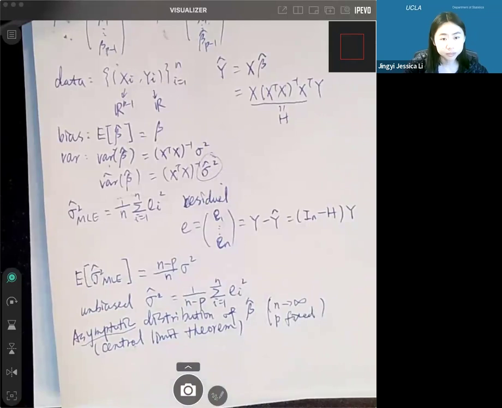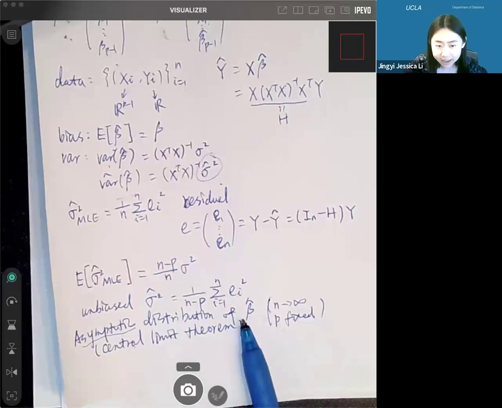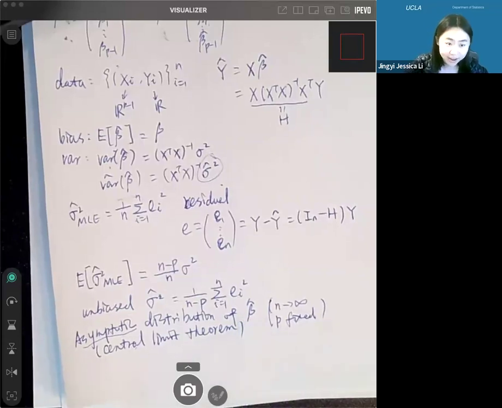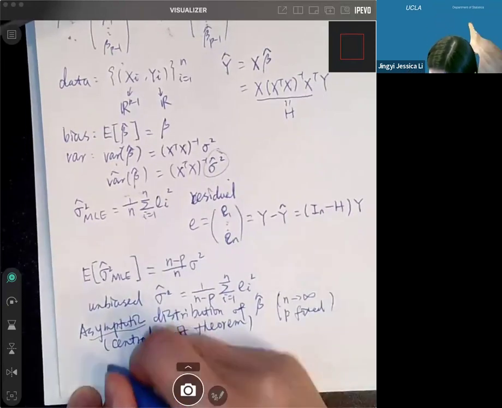The central limit theorem is about how the sample mean is distributed around the population mean, like x n bar is around mu. Here, we're talking about how beta hat is distributed around beta. And I can say that the result is just this.